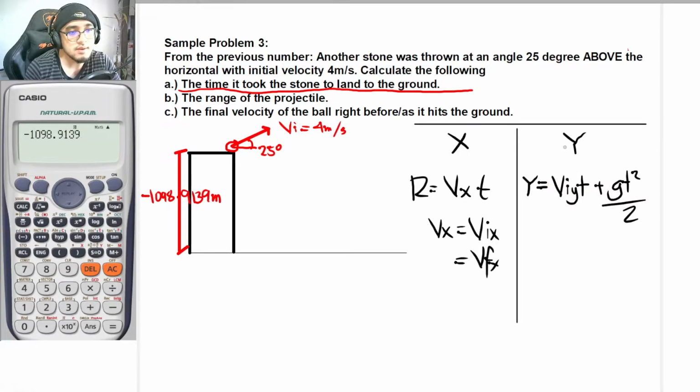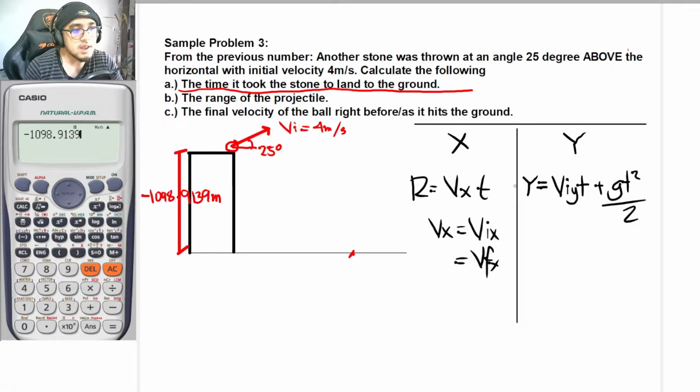Not yet, but it can easily be solved by getting the sine of this Vi. And what about for t? Your t is actually the value that we are solving for. And what about for g? This is constant in our problem, and that is negative 9.81 meters per second squared. So with that being said, we can now make use of this particular equation for us to solve for the time it will take to hit the ground.